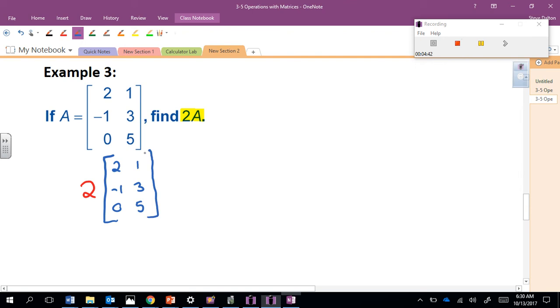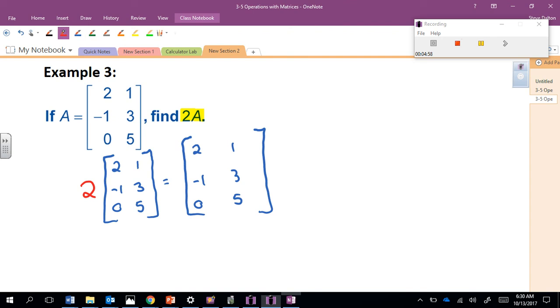And again, really straightforward. All we end up doing is we take our numbers inside the matrix, and we're going to multiply each one of them by 2.